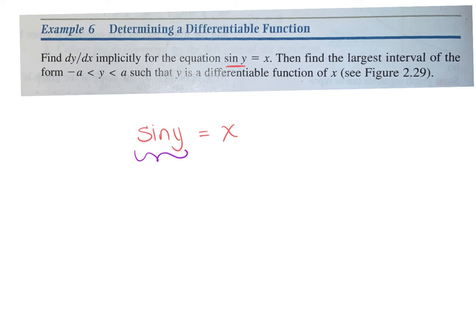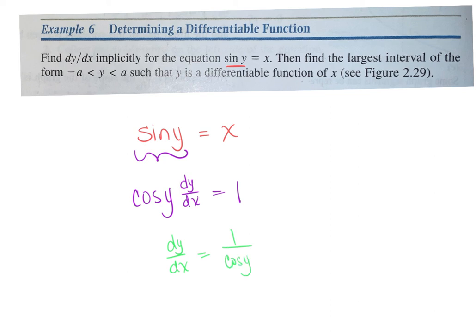But I'm deriving a y. So the cosine of y, technically times the derivative inside, which is 1, but I have a dy dx here. And I have to take the derivative of the other side. Don't forget you have to take the derivative of the x, which is a 1, right? And then to get dy dx by itself, I have to do what? Divide by cosine.